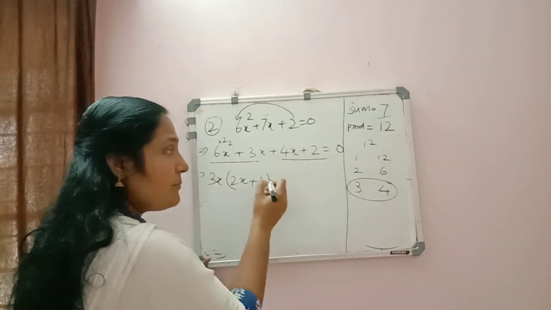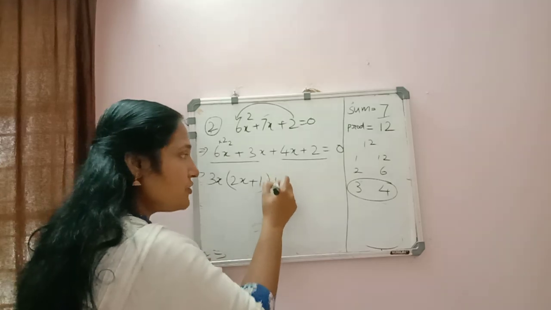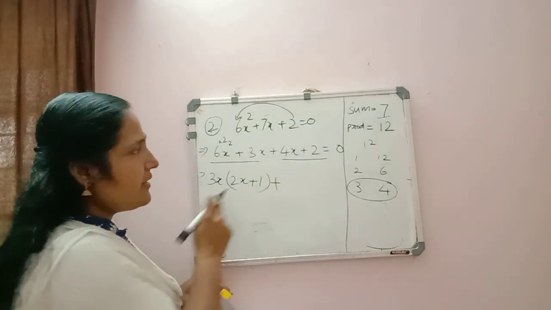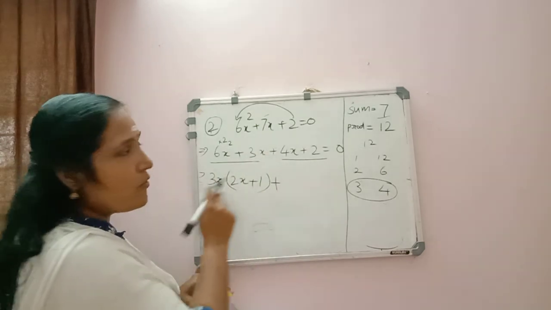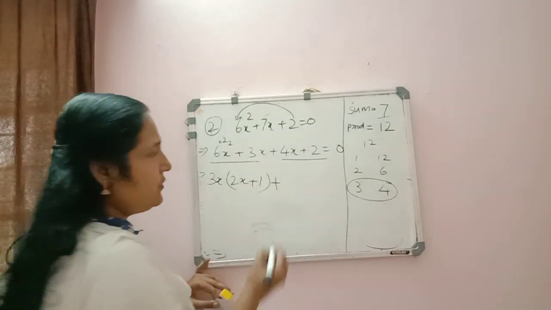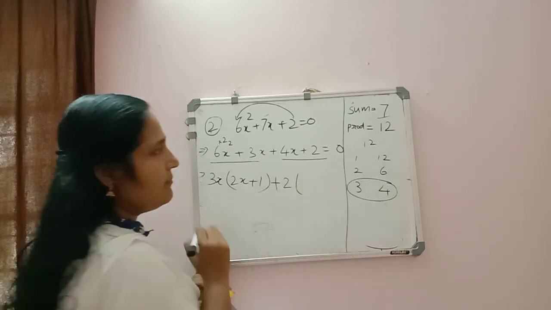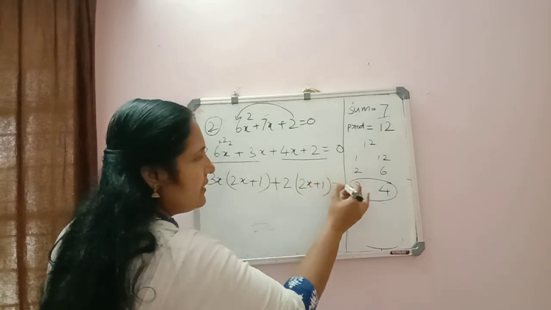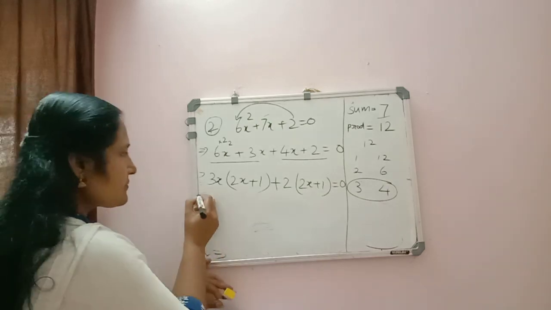If you are taking the positive sign common, plus sign should be written here. From these two terms, the common factor is 2 because 4 can be written as 2 into 2. So we are taking 2 common. Inside the bracket it will remain 2x plus 1 equal to 0.